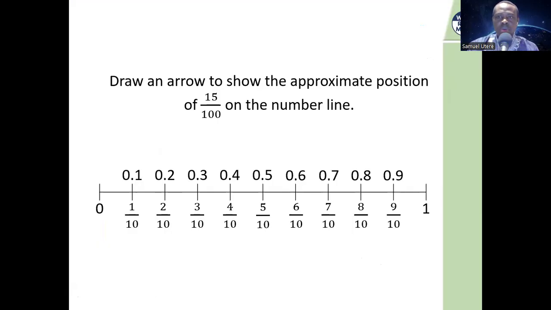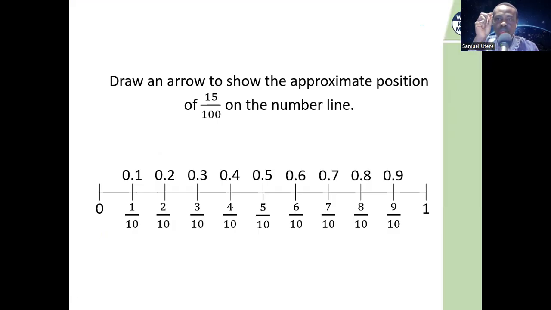If you remember when we shaded 100 squares, if you wanted to represent 1/10 on a 100 square, I'm sure you recall that you would shade a whole row or a whole column of 10 little squares. So you have 10 hundredths being equal to 1/10, because you have 1/10 being a whole row or column of 10 little blocks.